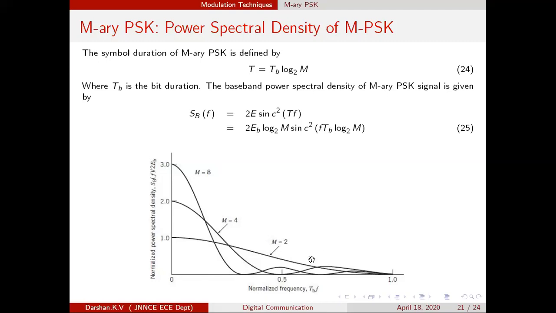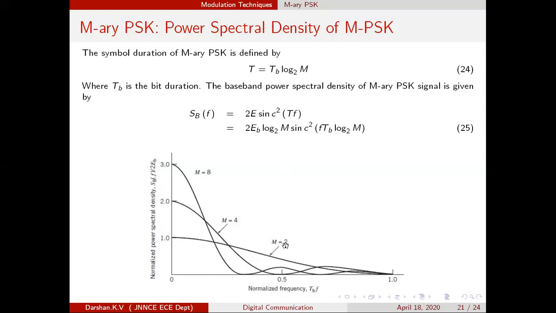Okay, now let us not bother about the equations in this explanation. Just observe the three sets of curves in this particular graph. All these graphs correspond to the PSK modulation technique. The first graph is for M equal to 2.